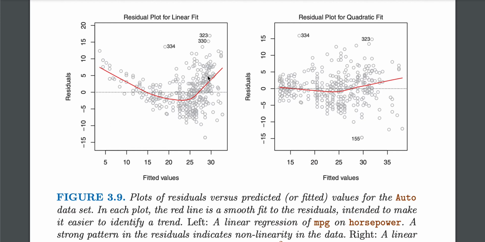This is the auto data, horsepower. These are the residuals we get if we fit a line. But if we fit a quadratic model, then the residuals will lose the discernible pattern that existed in terms of the dependency of the residuals on the fitted values.